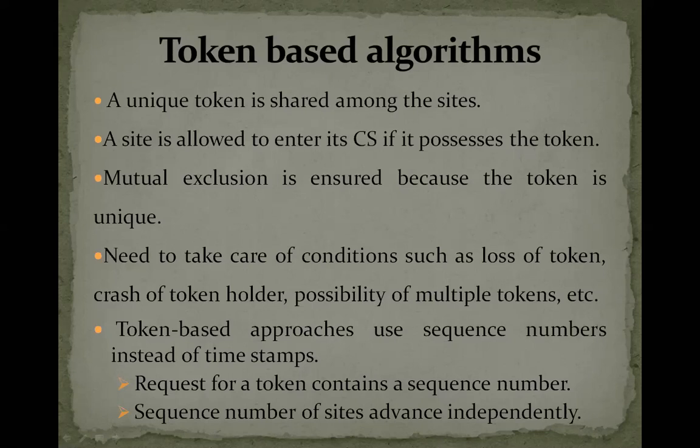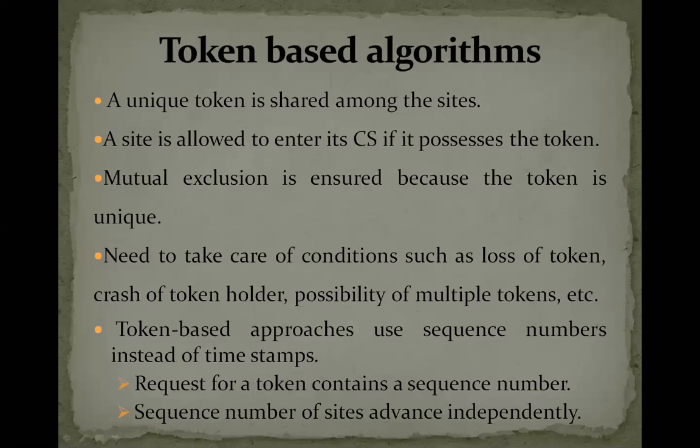The second thing is the correctness proof of the token-based algorithm, which ensures that mutual exclusion is enforced. It is not a small thing, because the algorithm gives you the guarantee of mutual exclusion so long as the site holds the token during the execution of the critical section.